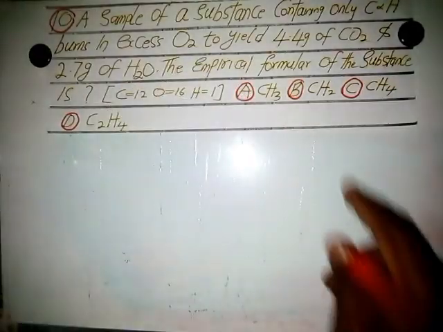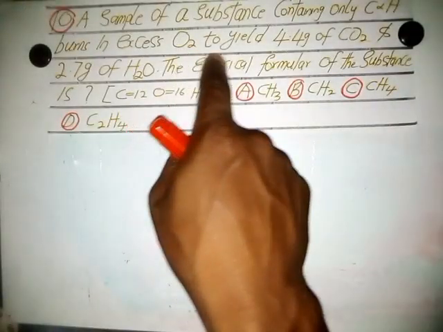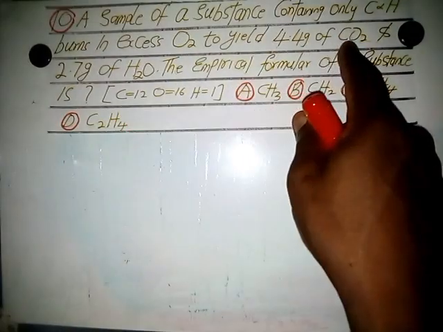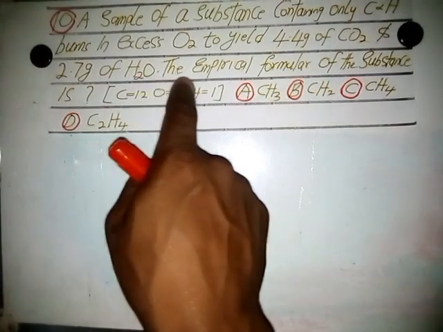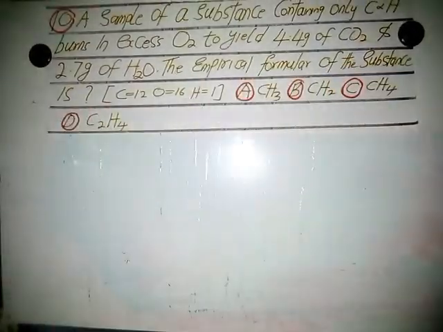A sample of substance containing only carbon and hydrogen is burned in excess oxygen to yield 4.4 grams of CO2 and 2.7 grams of H2O. The empirical formula of the substance is... Okay.